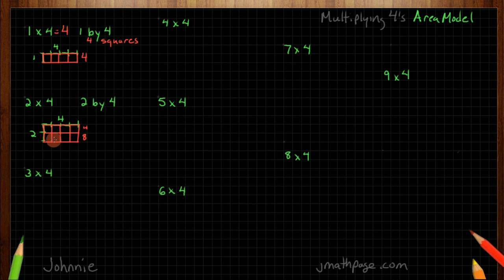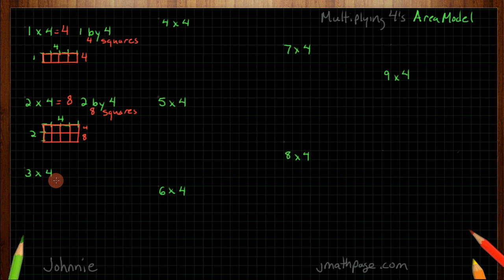So I have 4 and 4 more make 8. That tells me that in a rectangle that's 2 by 4, there are 8 squares altogether. So 8 squares. That also tells me that 2 times 4 equals 8. All right?